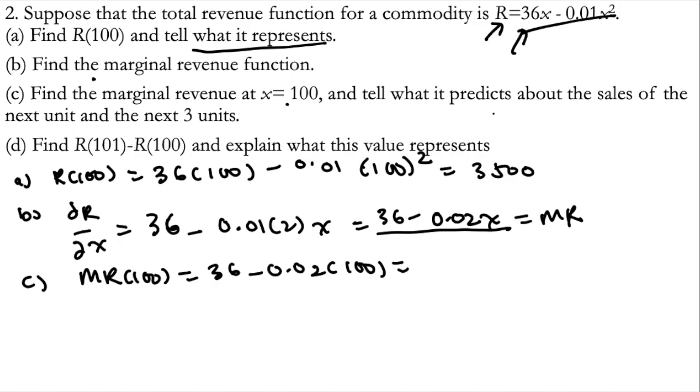The answer here would be 34, isn't it? But then the second part of the question: tell what it predicts. It tells that the next additional sale will give you 34 marginal revenue, or $34 of marginal revenue.